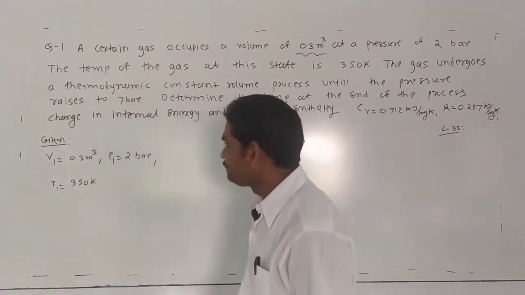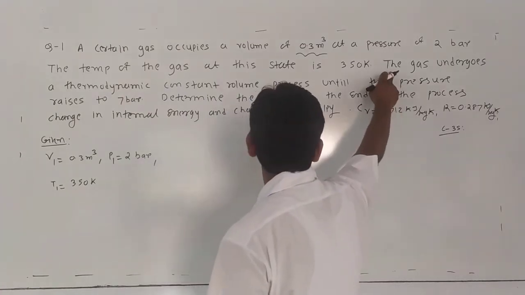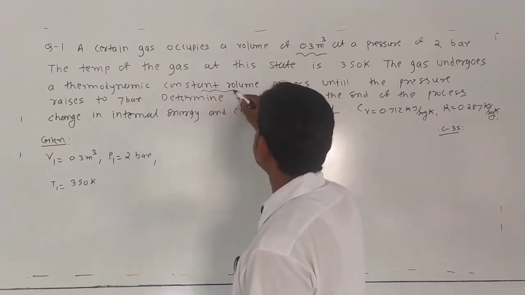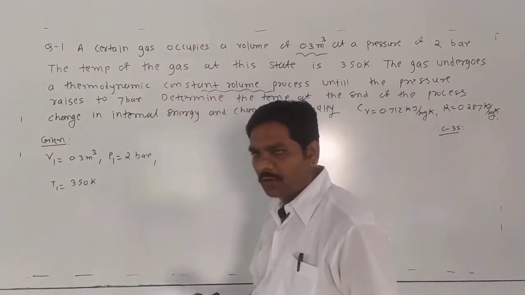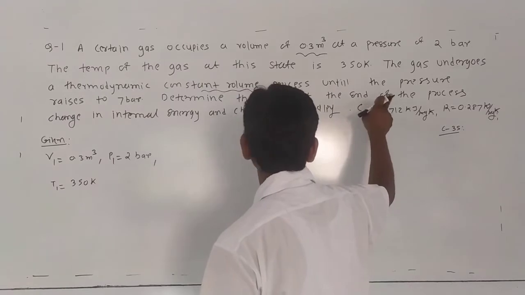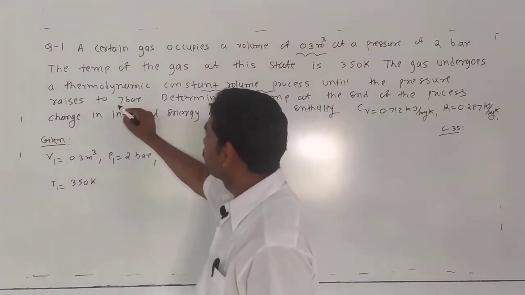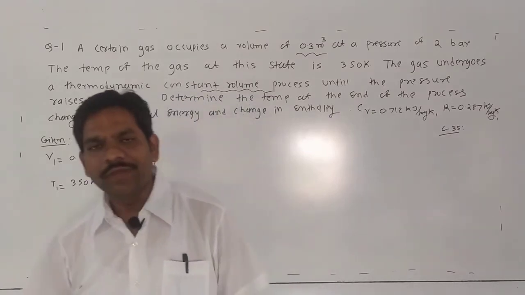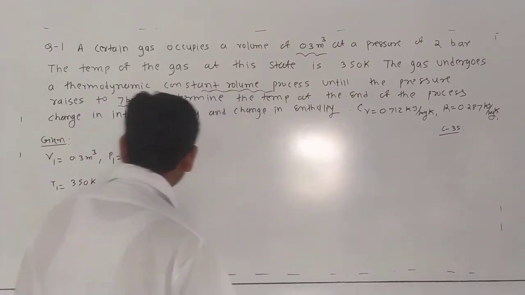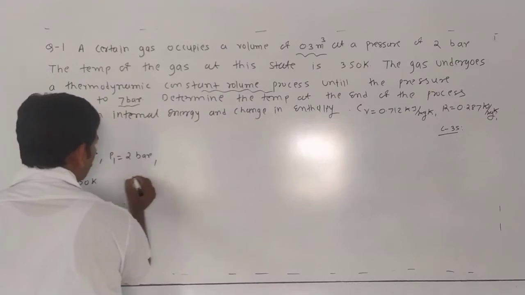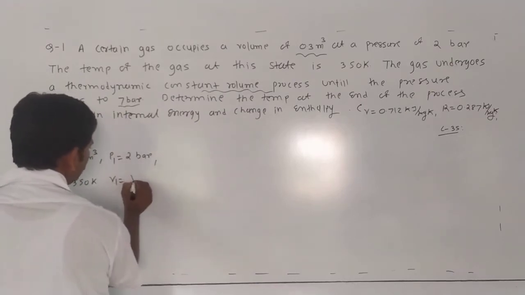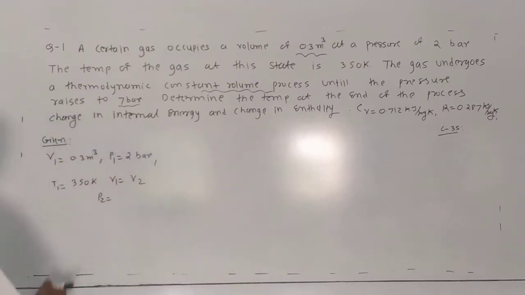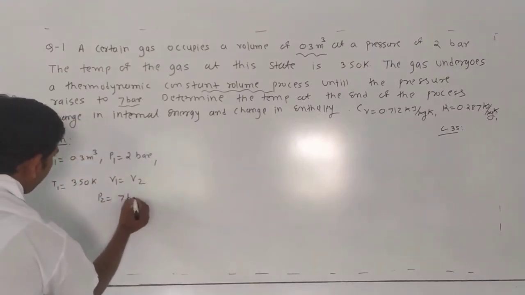The gas undergoes a thermodynamic constant volume process until the pressure rises to 7 bar. So the value of the pressure P2 is given in the problem, but volume is constant, meaning V1 is equal to V2, and the P2 is 7 bar.